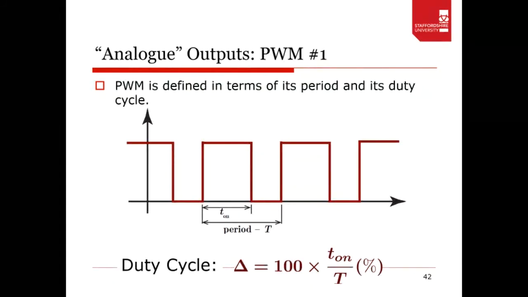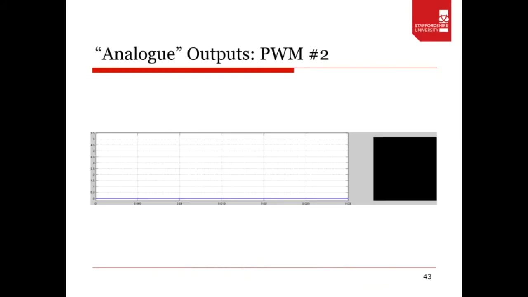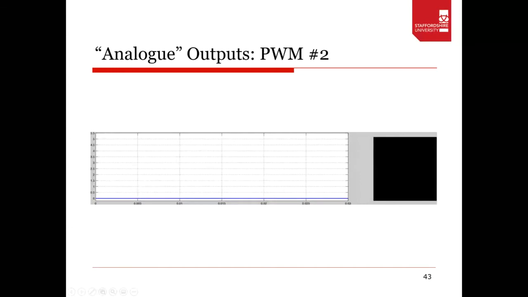So then pulse width modulation is defined in terms of its period and its duty cycle, the T on and T period. The duty cycle is 100 times T on over T. And here we have the duty cycle. We explained it last week.